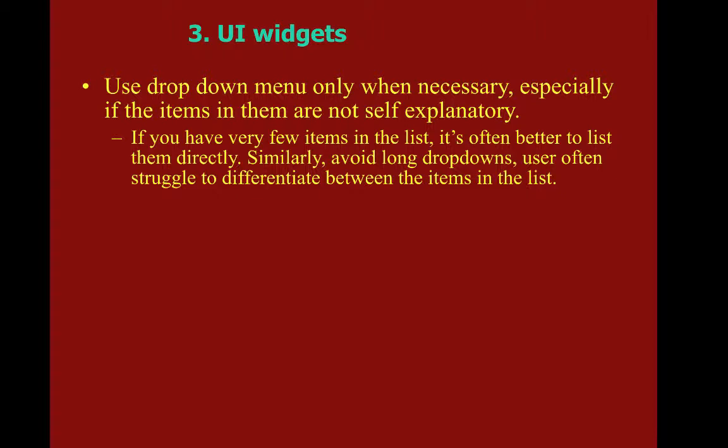Because you have to click on the drop-down menu for the menu to drop down and then select the link. So if you've got a list of links, if you just have it there, the user does not need to click on the menu to make it drop down and then have a second click to select the link. You may as well just display the list of links there, and the user can just choose which link to use.